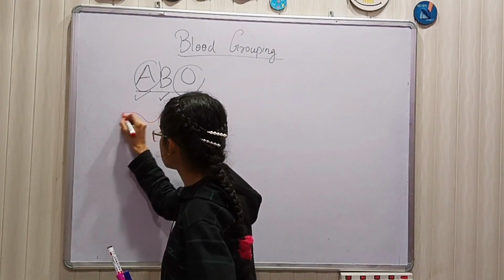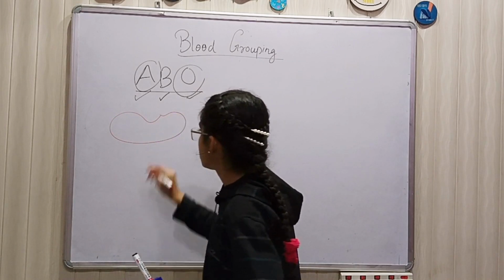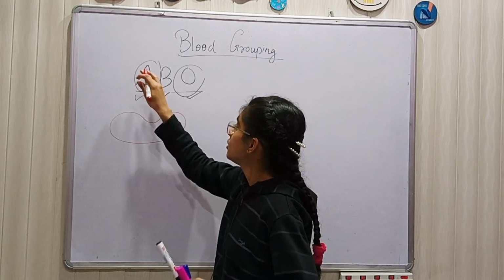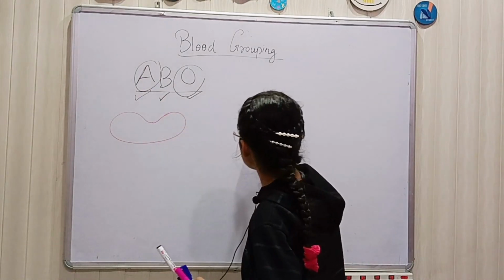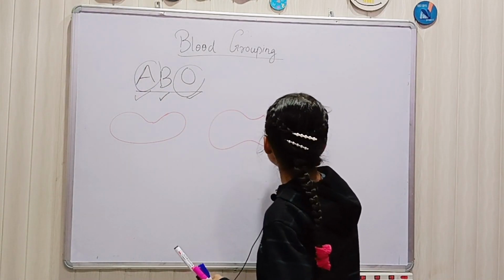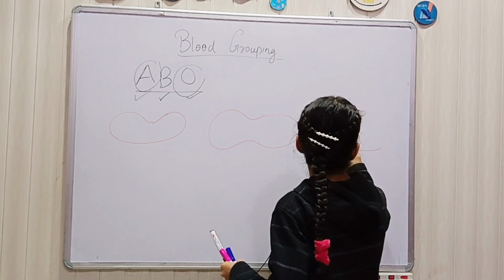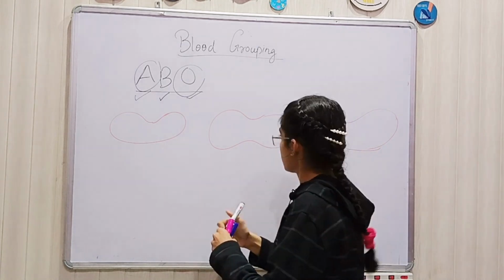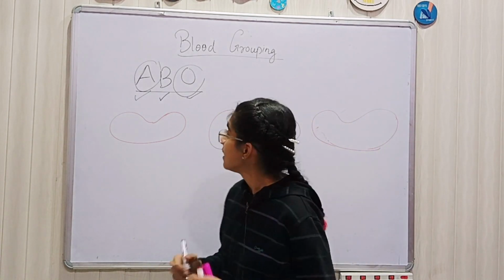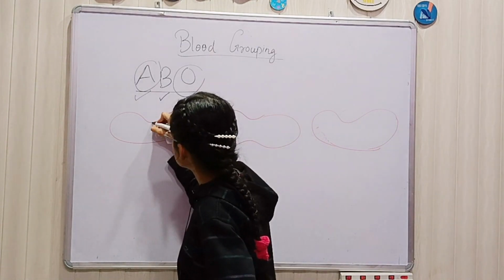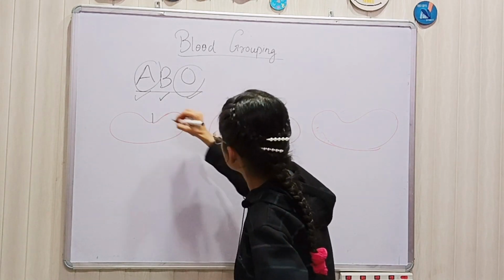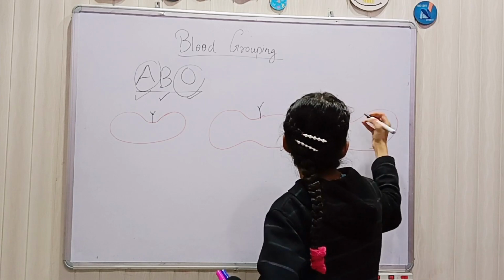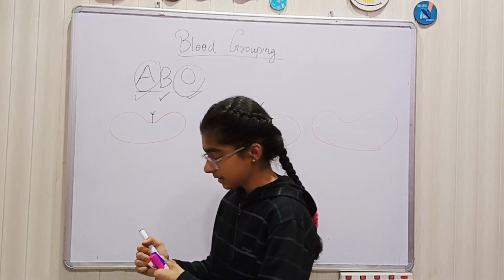So if I have an RBC here, this is my RBC. Don't go by the shape, it is a biconcave shape, right? Here I have 3 RBCs, and here I have 1 antigen on its cell membrane, this is another one, and here there is no antigen.